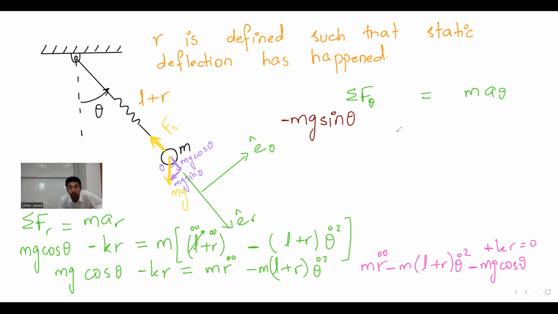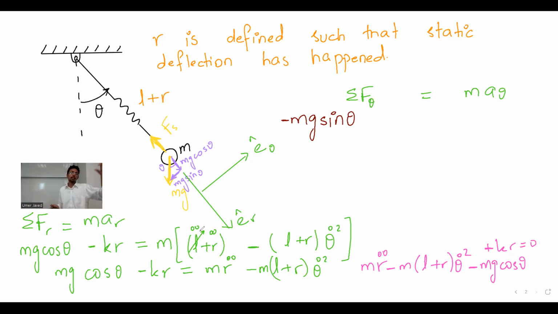Okay, sorry. Why is L double dot 0? Because the length L doesn't change. The L dot and L double dot are 0 because it's L plus r. The L is the length that remains fixed, right?